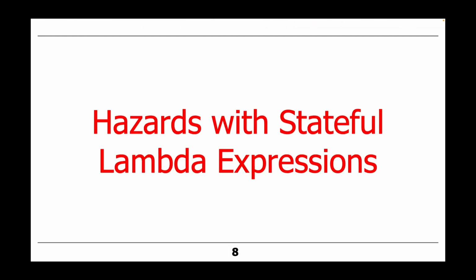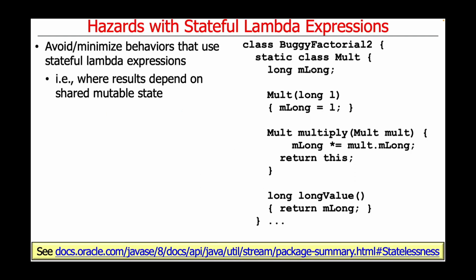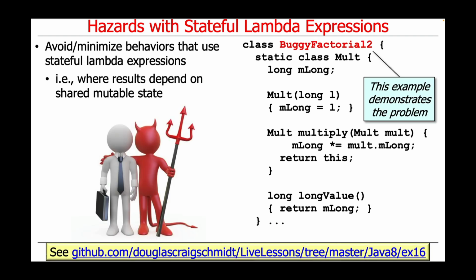Second problem, hazards with stateful lambda expressions. So let's take a look at some examples here. This is a fun example where the results depend on shared mutable state, and this gets us into trouble. So this is a buggy factorial example, and you can see it here in my EX16 project, in my Java 8 folder, in my live lessons GitHub repository, and this illustrates what goes wrong.